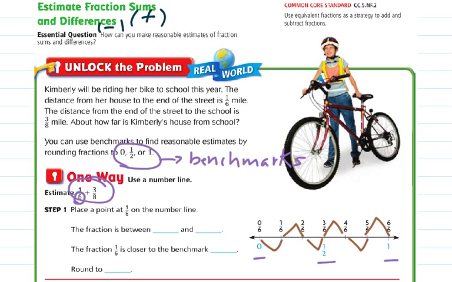That's why we have 6 little spaces in between our dash marks, which we call graduations. We see that the fraction 1/6 is between 0 and a half. The fraction 1/6 is closer to the benchmark of 0, so we're going to round it to 0.